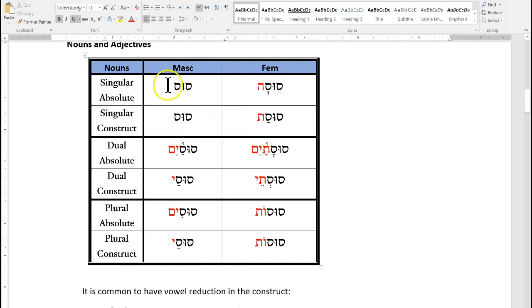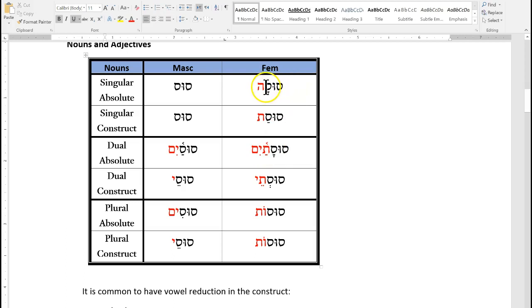But we have the singular, we have an absolute, we have a dual, and the difference will be this is horse of so-and-so. So the dual absolute, 2 horses. The 2 horses of would be susei. And so susaim is the dual, susei is the construct. Susim is the plural, and susei is horses of. Notice that in this case, the dual and the plural are exactly the same.